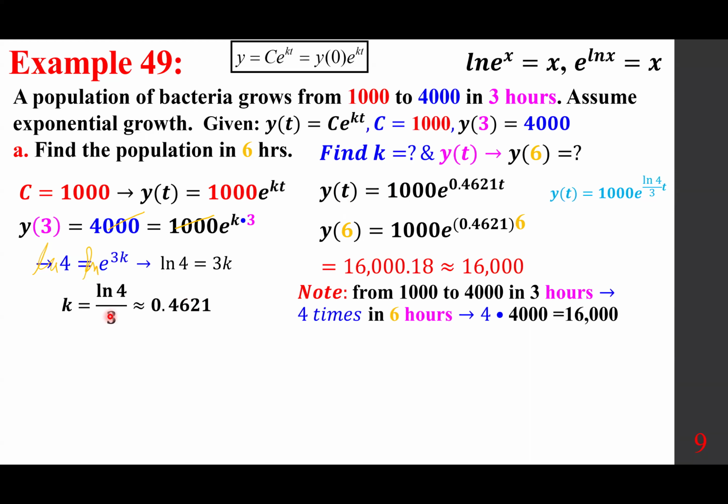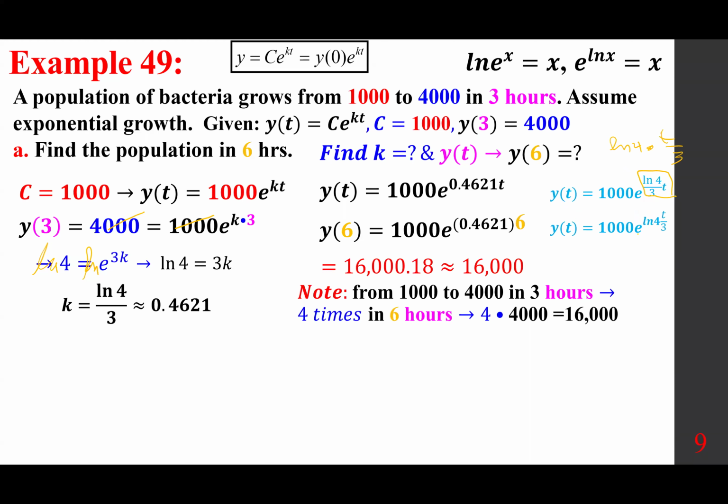And the fact that e to the power of ln x is x, I'm going to put e to the power of ln 4. And then, in other words, ln 4 over 3 times t is ln 4 times 1/3 of t, or t over 3. Let me just show you what I mean. This is the product of ln 4 and t divided by 3.